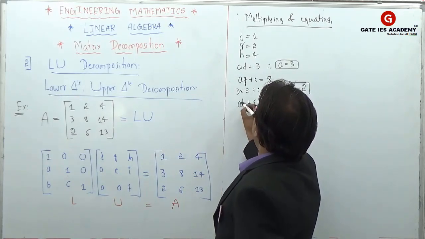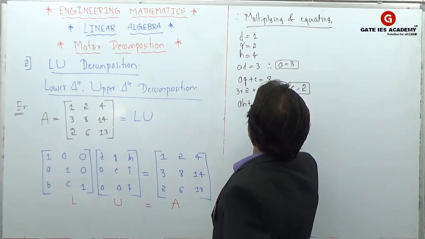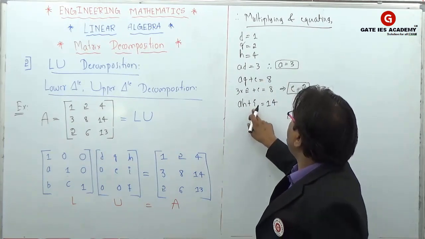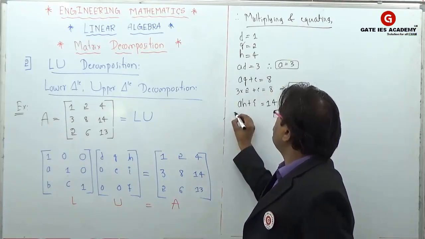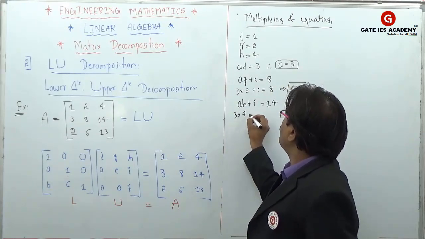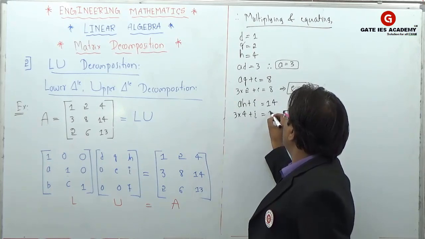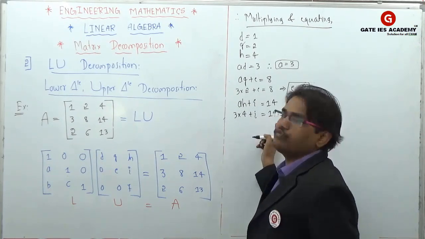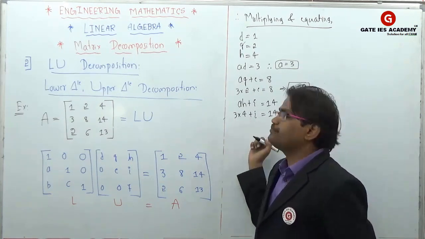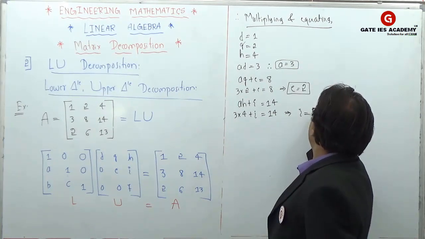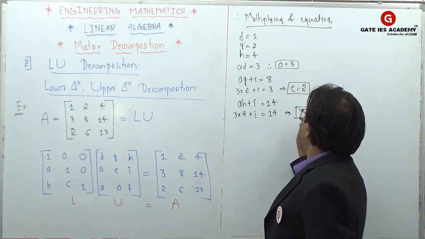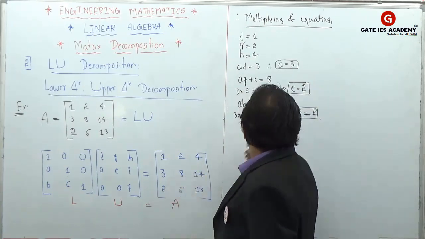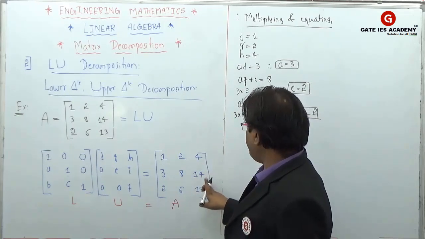A is 3 and H is 4, so 12 plus I equals 14. Therefore I equals 14 minus 12, which is 2.